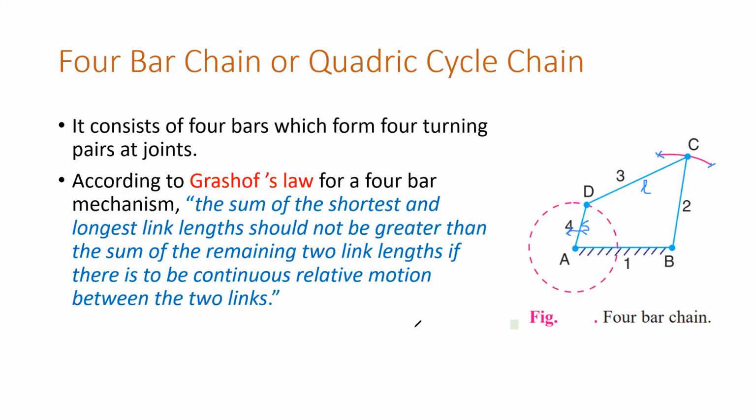So what Grashof's law says is that the length of the shortest link, L4 or LS, whatever you want to denote, plus the length of the longest link, L3, cannot be greater, it must always be less than or equal to the remaining two link lengths.